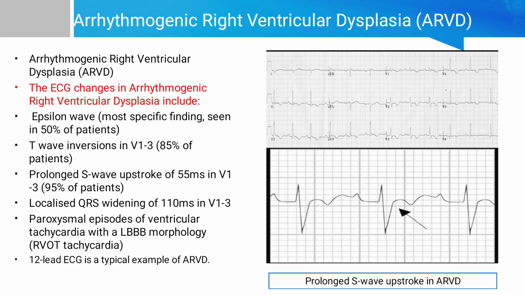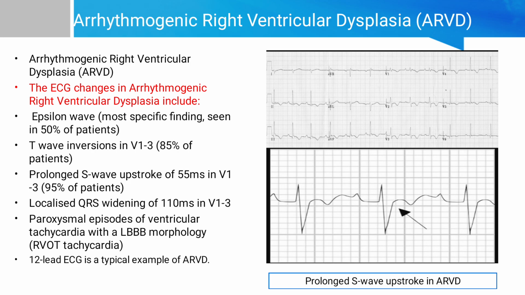Prolonged S wave upstroke of 55 milliseconds in V1 to V3 is seen in 95% of patients, and localized QRS widening of 110 milliseconds in V1 to V3. Paroxysmal episodes of ventricular tachycardia with left bundle branch block morphology, that is RVOT tachycardia.